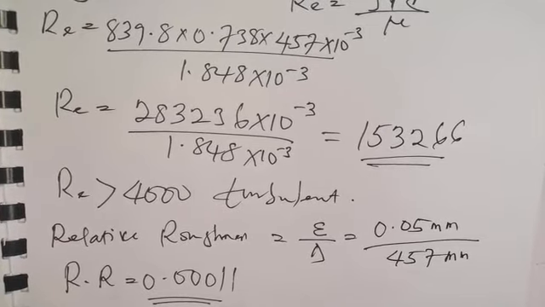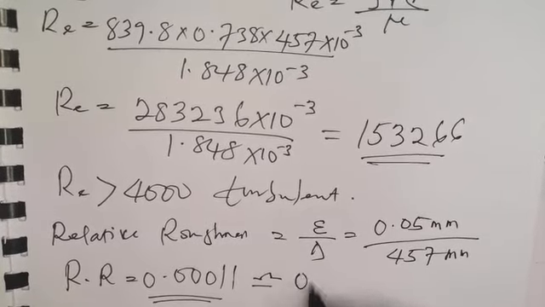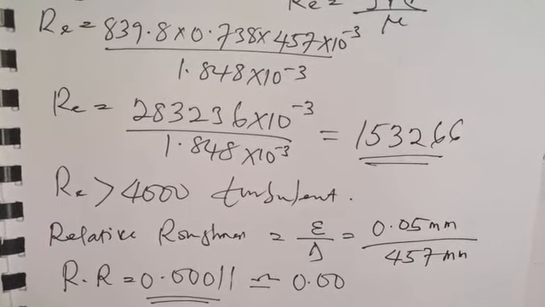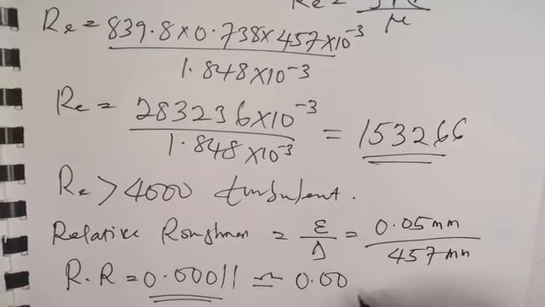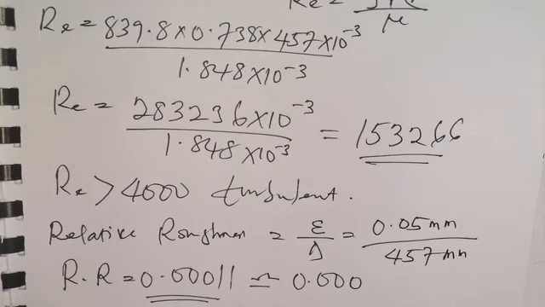In 3 decimal places, this is equivalent to 0.000, which you can still call 0. So that's the value of the relative roughness. It is simply the ratio of the pipe wall roughness divided by the diameter of the pipe.